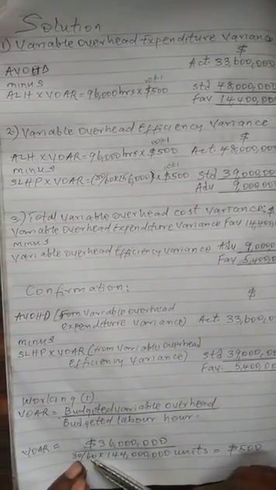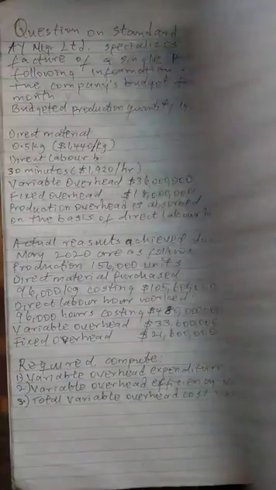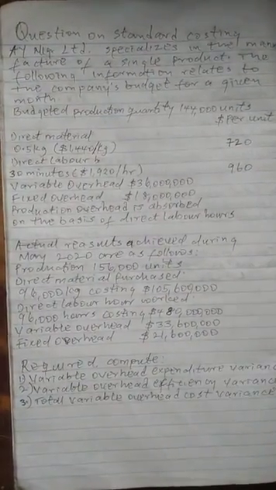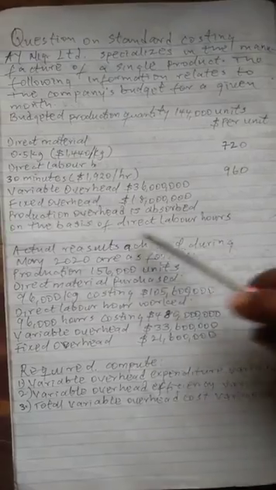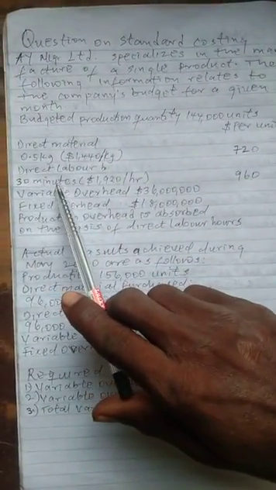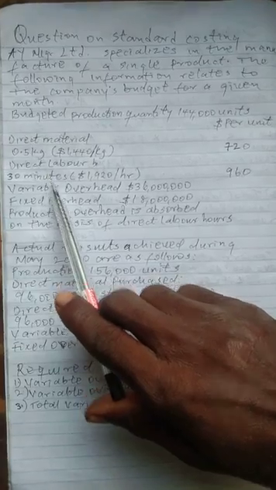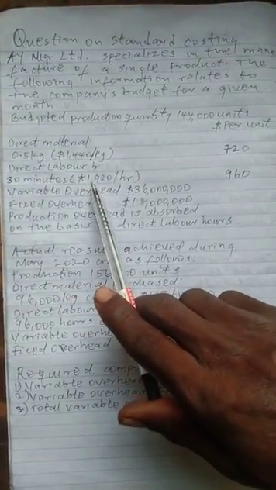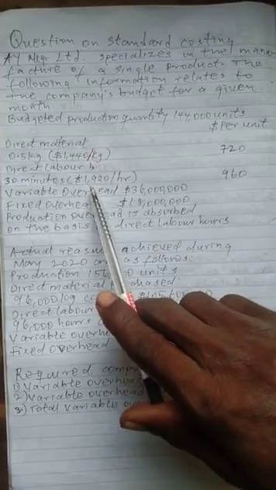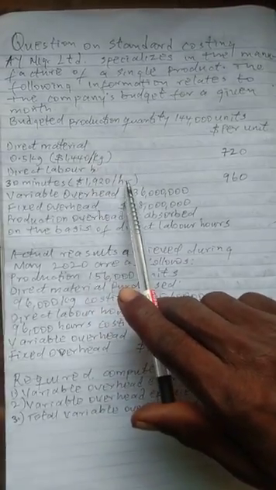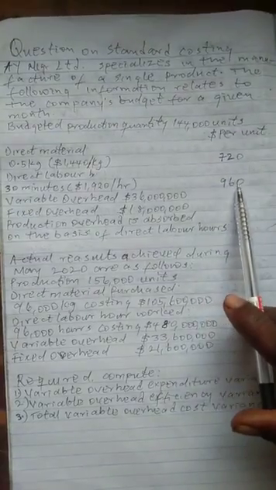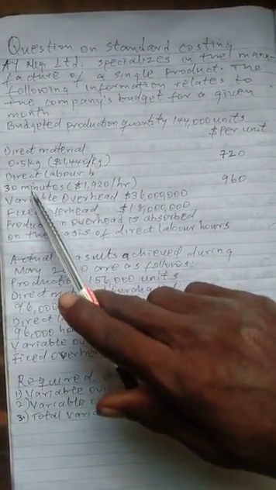What is the standard hour? You go also to the standard part of the question. Look at this: 30 minutes at $1,120 per hour, costing $960. So this is the standard hour.